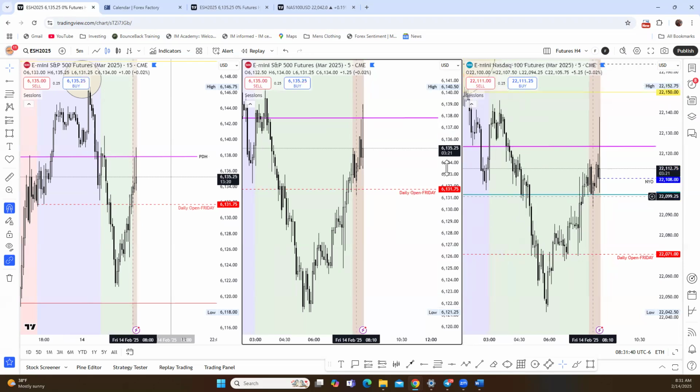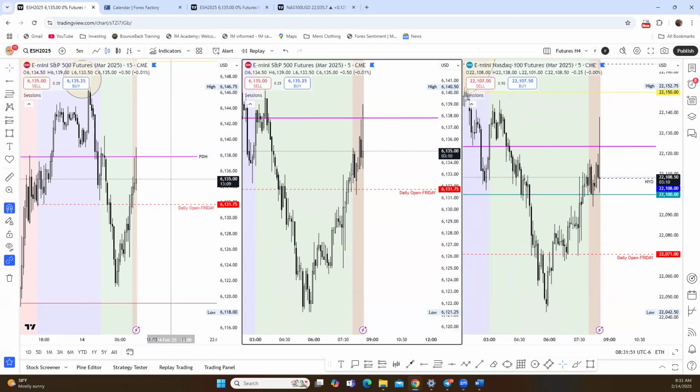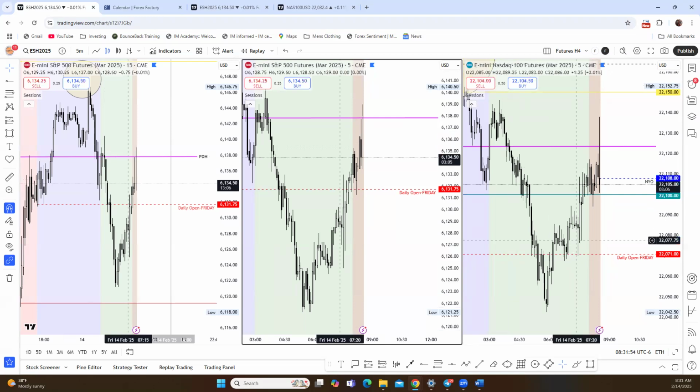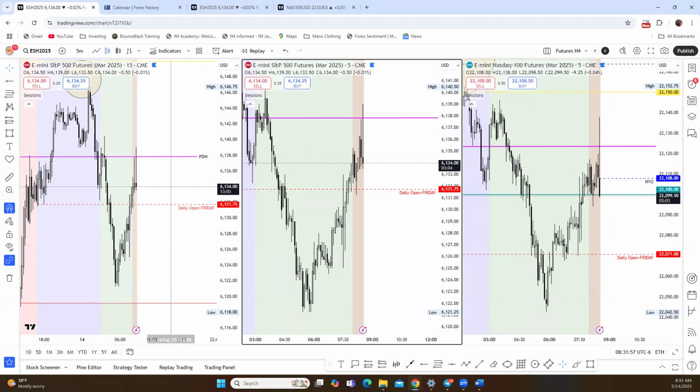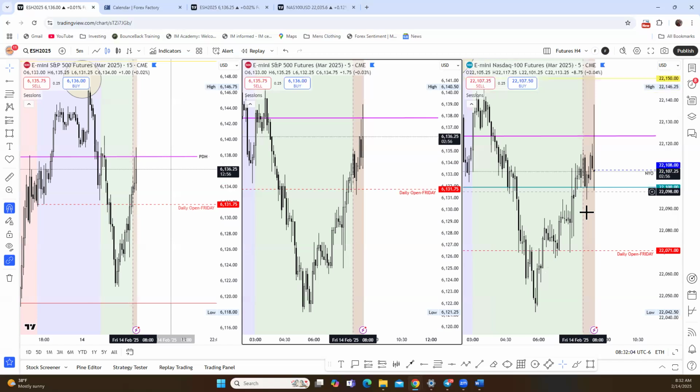Should they manipulate here? Just watching this area tight here, this 5-minute down candle.